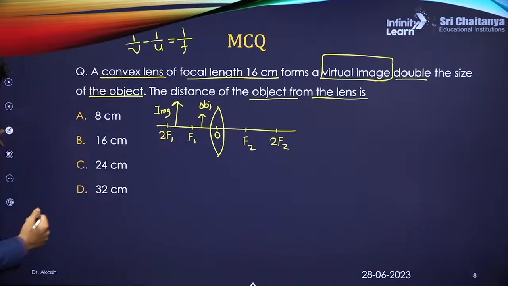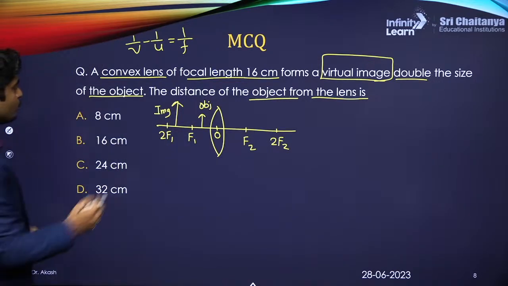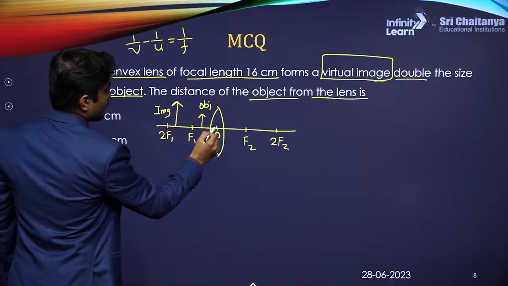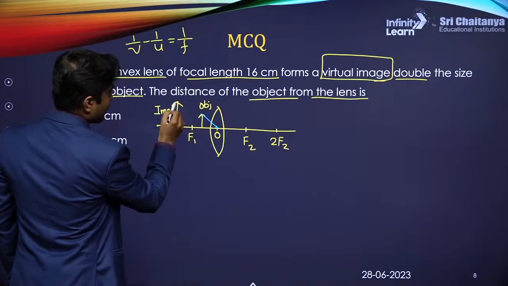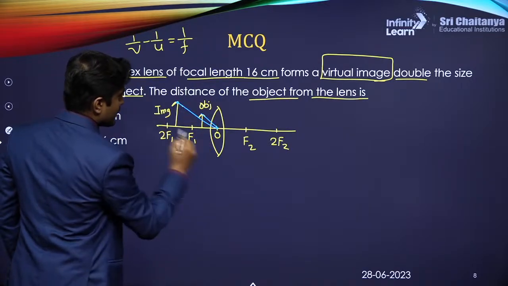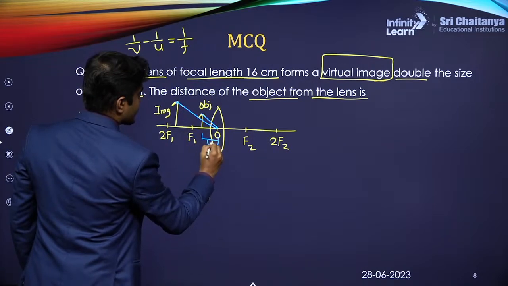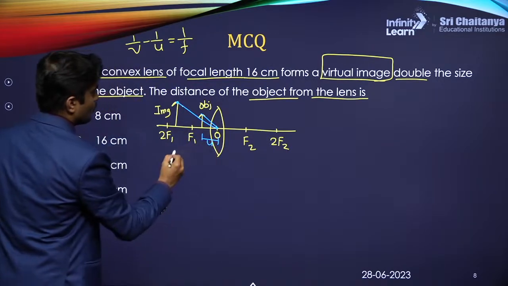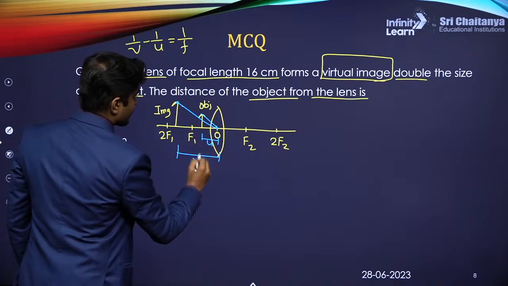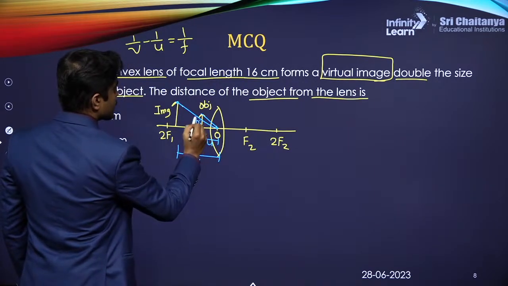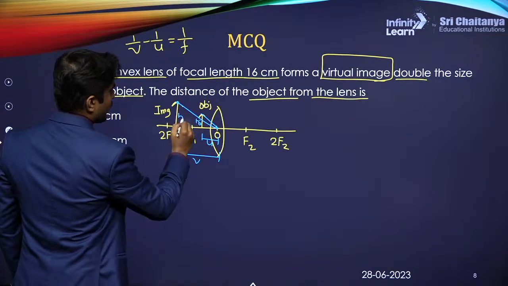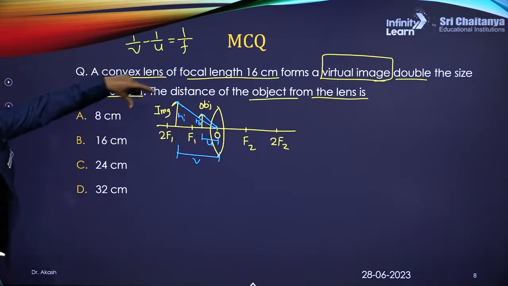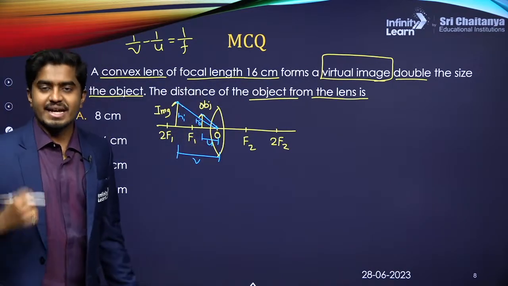Now I am going to show you something. You can look at these two triangles. If you join this with here and if you join this with the origin, this is the object distance U, this is the image distance V, and this is the height of the image and the height of the object. Now these two triangles are similar triangles.